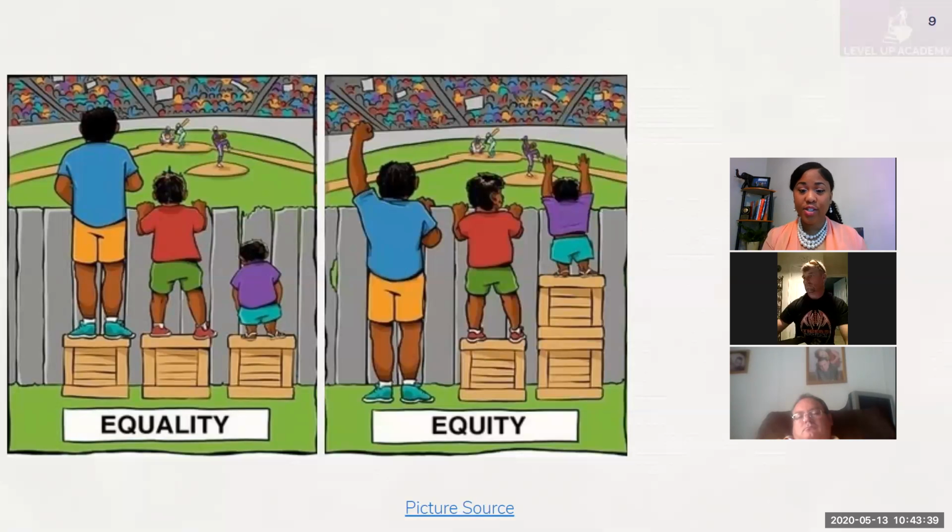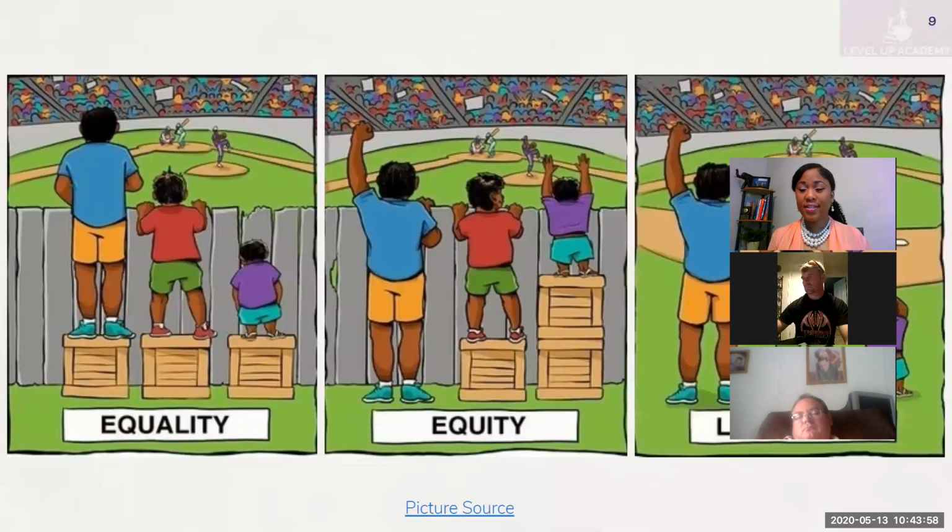This is equitable. This is according to their needs. So now everyone can see the baseball game. And this is oftentimes in education where the work stops. But I'm going to push you to really consider taking it a step further, and that is liberation.